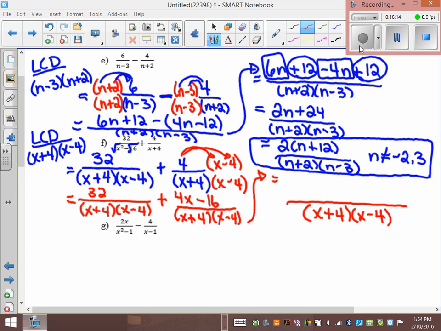And on the top, we have 32 plus 4x minus 16. The 32 and the 16 can combine to get 16 plus 4x over x plus 4, x minus 4.